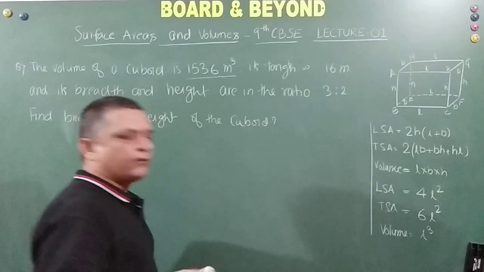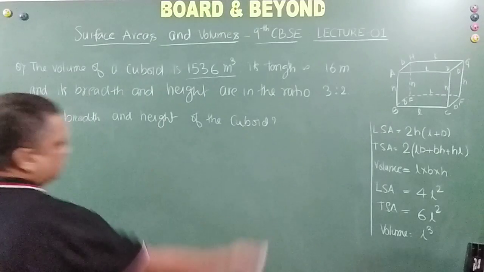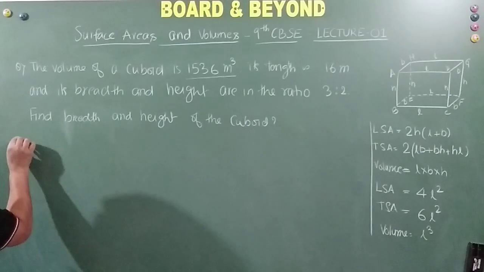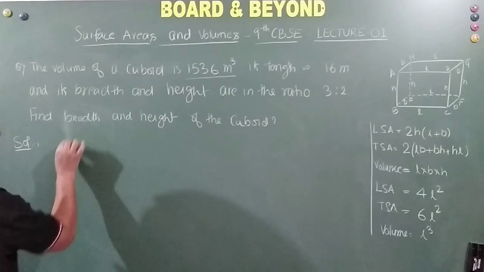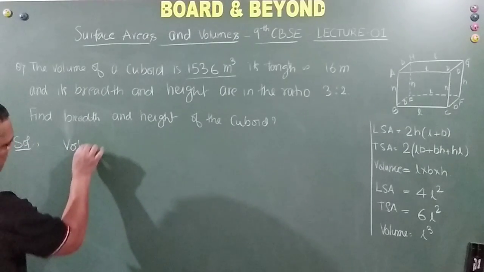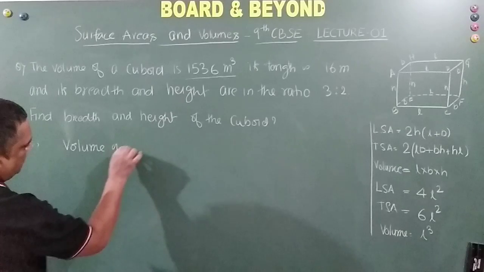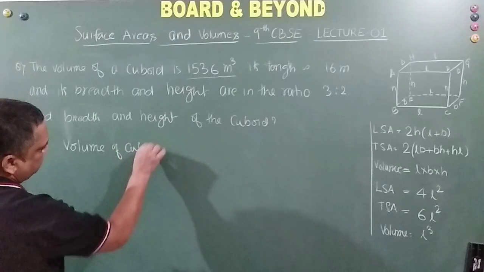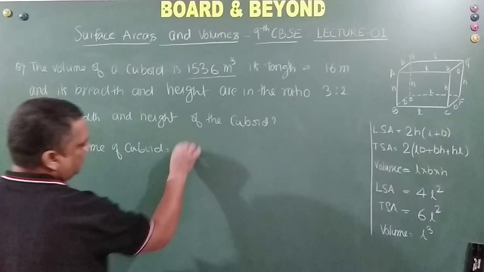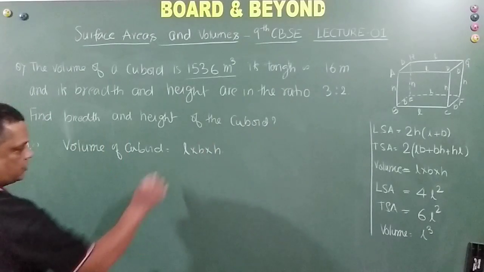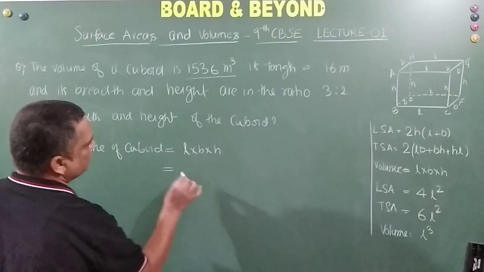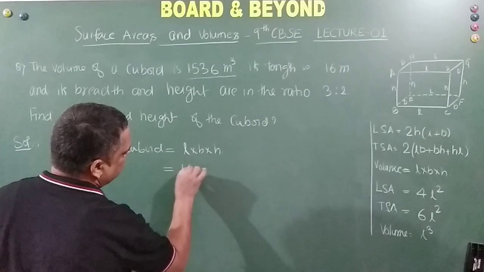So what is the volume of a cuboid, my friend? It is length into breadth into height. So volume of cuboid is equal to length into breadth into height, that is equal to 16.